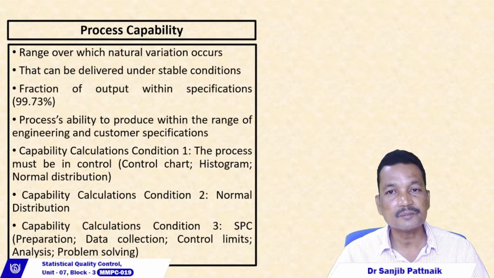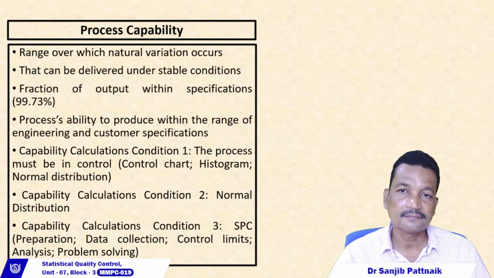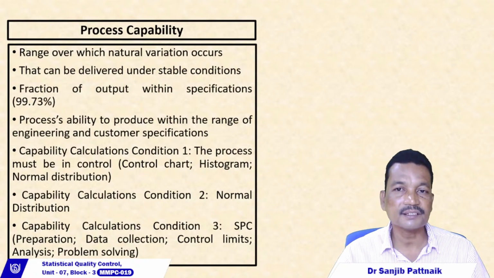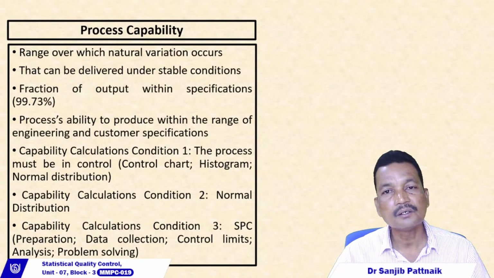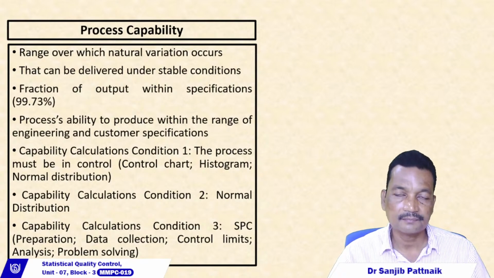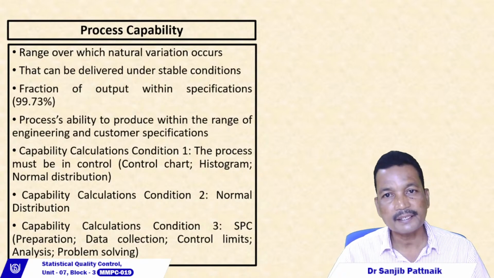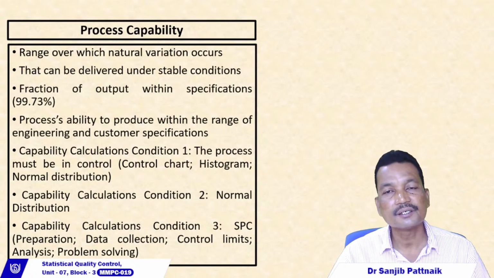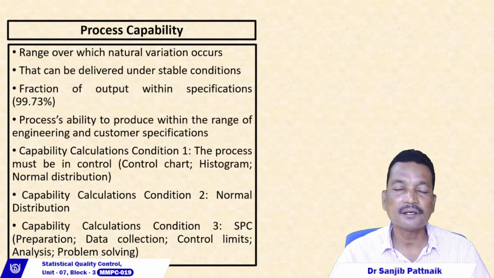Many times it becomes very difficult. So each process, each conversion process, has its own capabilities. What do we mean by capability? That means the range over which natural variation occurs.